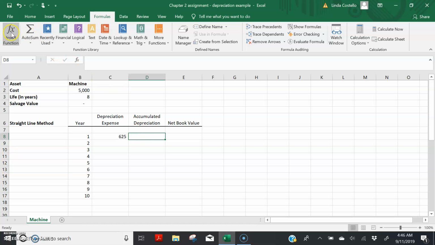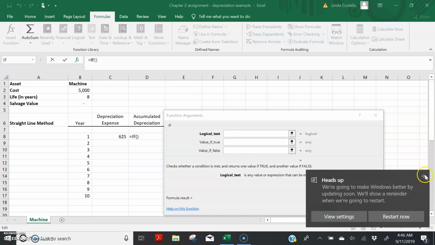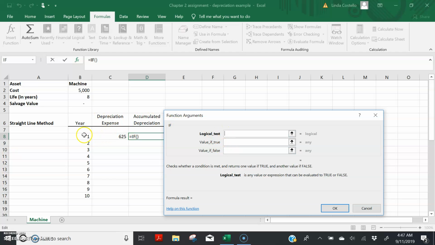So let's start out with the if function. If year 1 is less than or equal to the total number of years in its life, then the sum of prior accumulated depreciation plus current year expense.